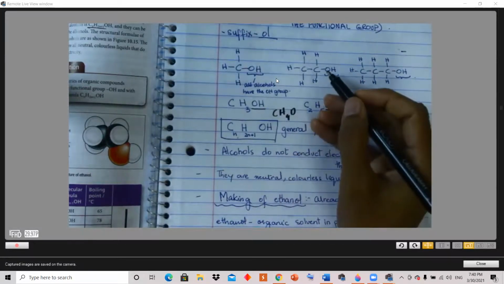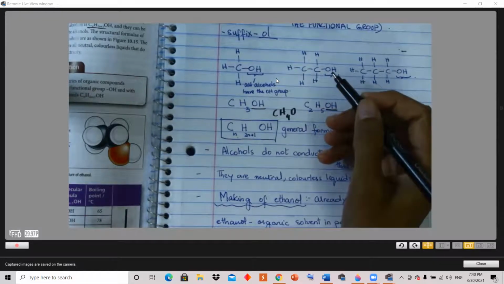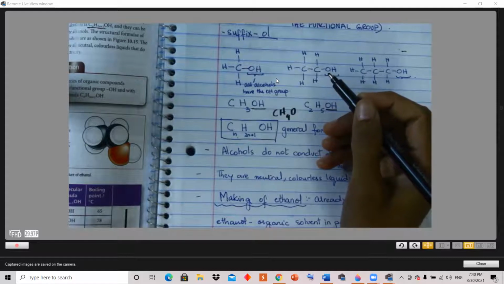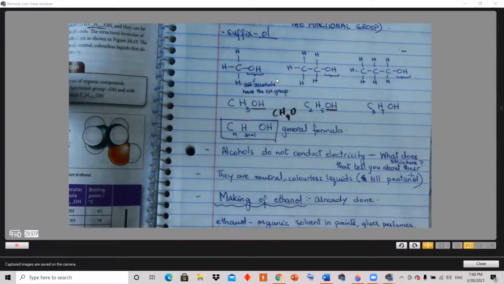Another thing, alcohol is also going to have hydrogen bonds. What were hydrogen bonds? Does anybody remember? I discussed in my first class of organic chemistry. Nobody remembers, right? The van der Waals forces between the positive and the negative? Hydrogen bonds are not van der Waals forces.